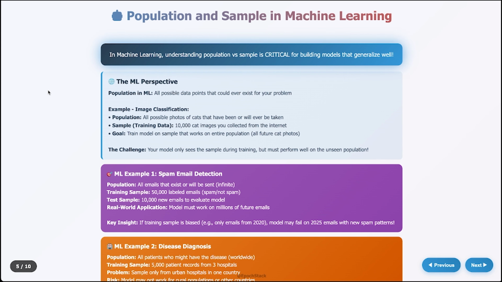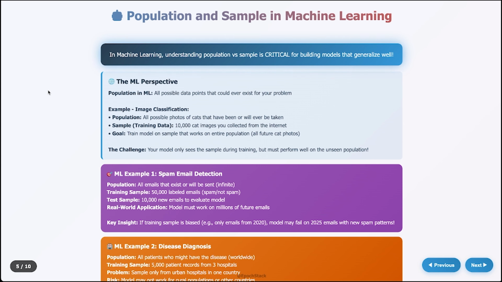Now you train the model on these samples, and it should work for the entire population. That is, if a new photo of a cat comes in the future, it can also predict well. So the challenge is that your model is trained on the sample data, but it must perform well on unseen data, the pictures that will be clicked in the future.